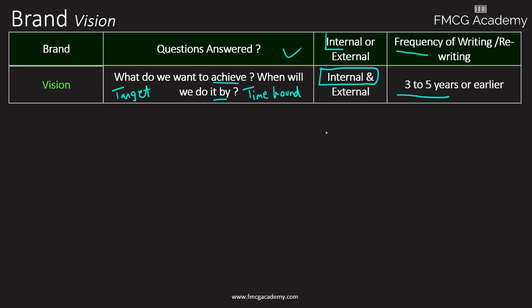I think anything beyond 5 years in currently rapidly changing times is probably much too large a time frame. So 3 to 5 years is when you want to basically review this.